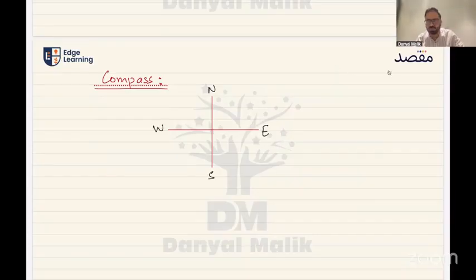Okay. So, a quick question: for example, if I mark this position point A, who will tell me what direction is point A?